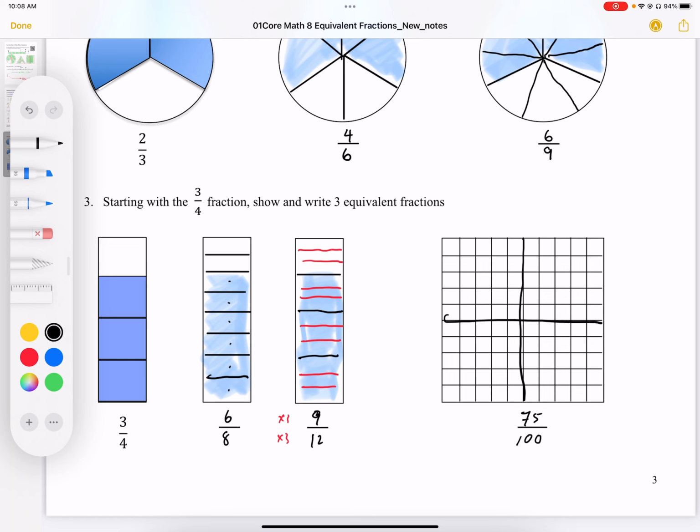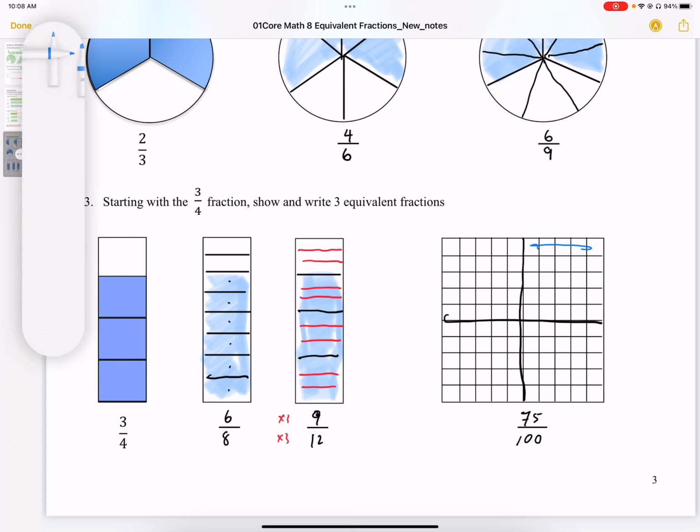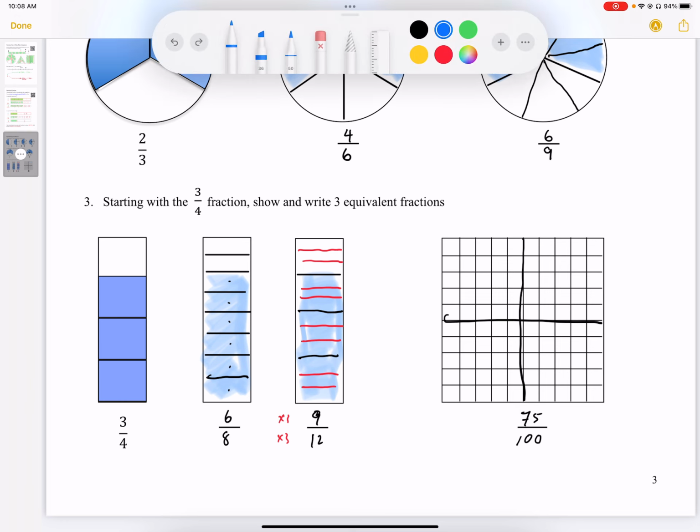If I divide this into 4 pieces like this, each one of those grids has 25. So this is going to be 25 here, plus 25 make 50, plus one more 25 make 75 out of 100 in that hundreds grid.